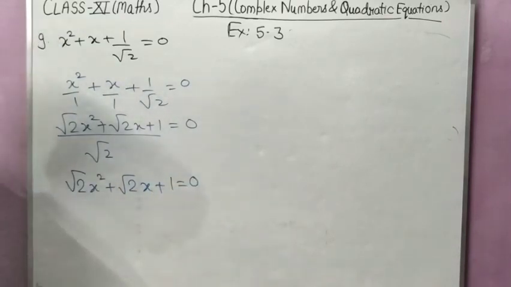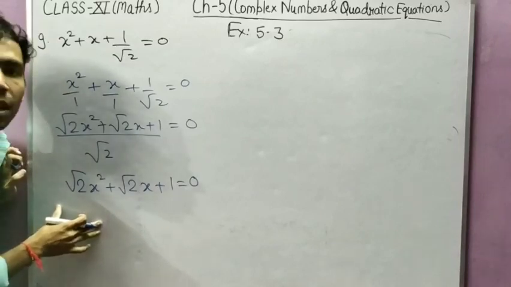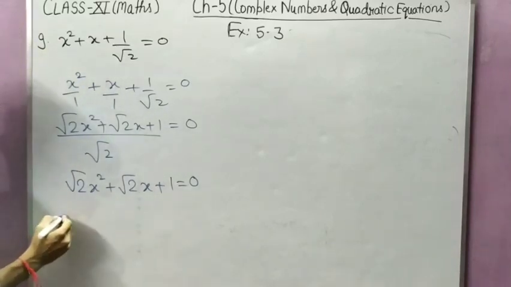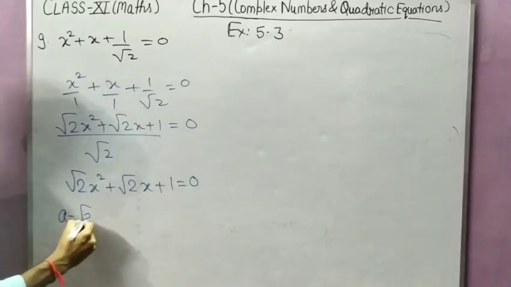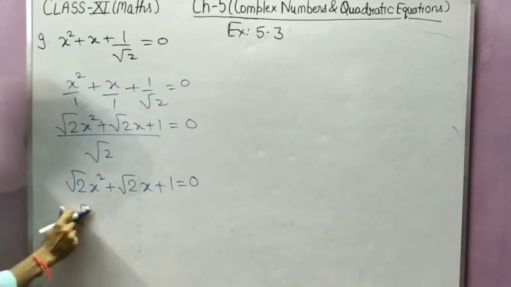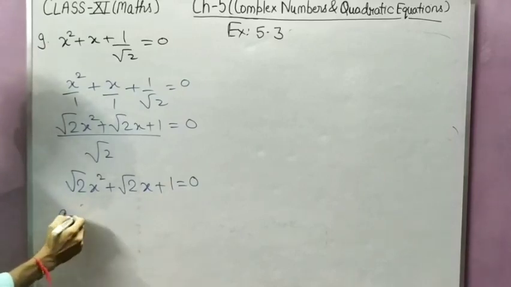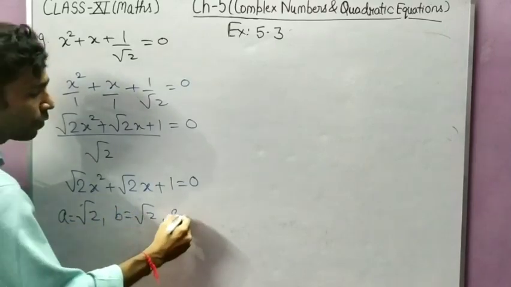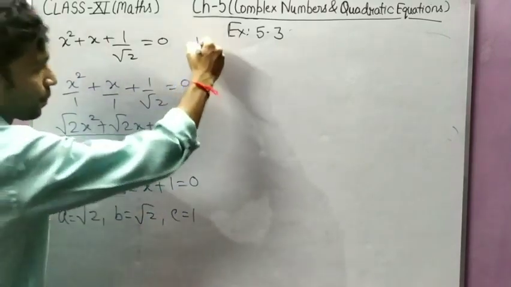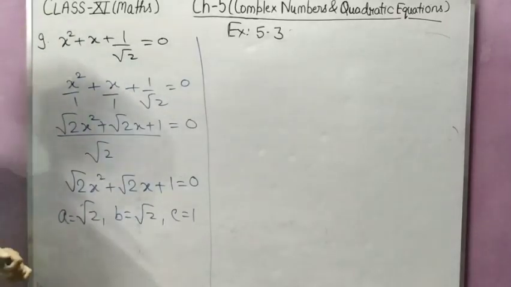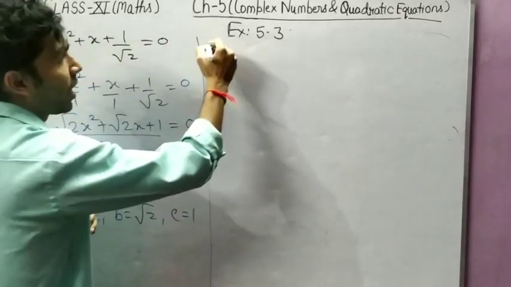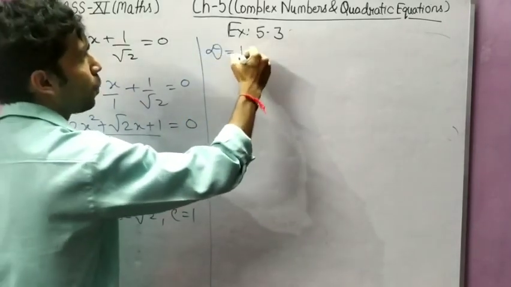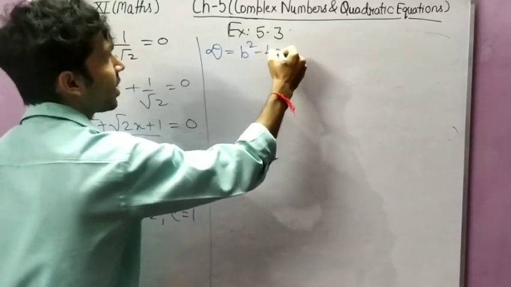Okay, now when you compare this equation with the general form, you will get the value of a equal to root 2. The value of a will come root 2, the value of b will come root 2, and the value of c will be equal to 1. Okay, now student, you can calculate d. So d is equal to b square minus 4ac.